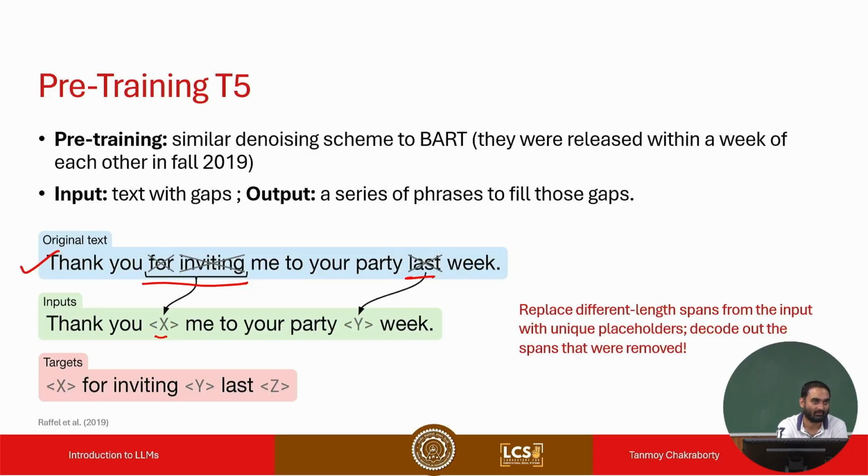In case of BERT, there was only a single token called mask, and whenever you corrupt a specific token or a span, you replace it by mask. But here, at every span corruption, you replace that span by a different mask token. Now these mask tokens are called sentinels.